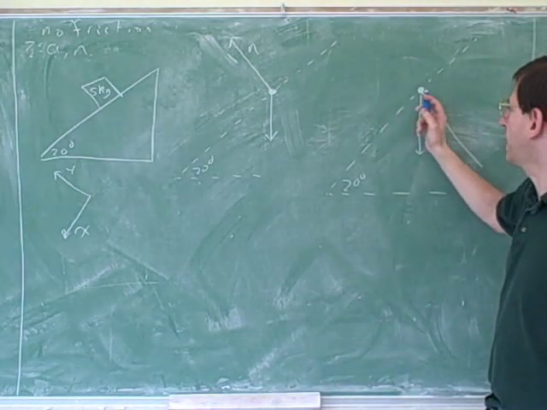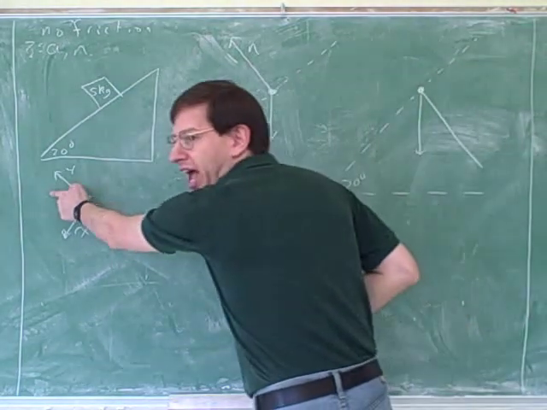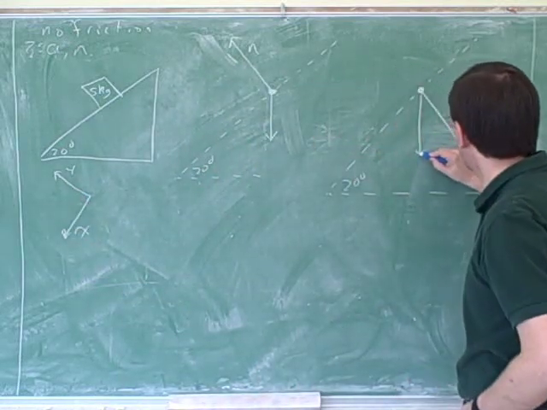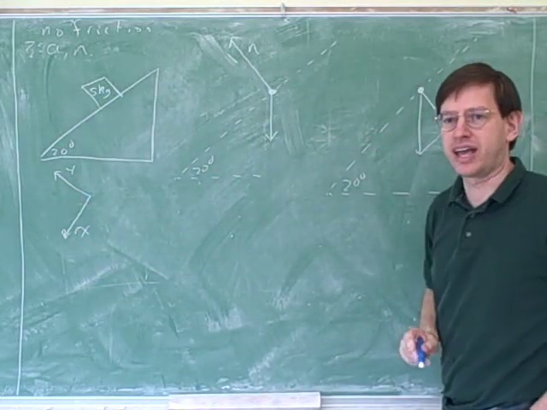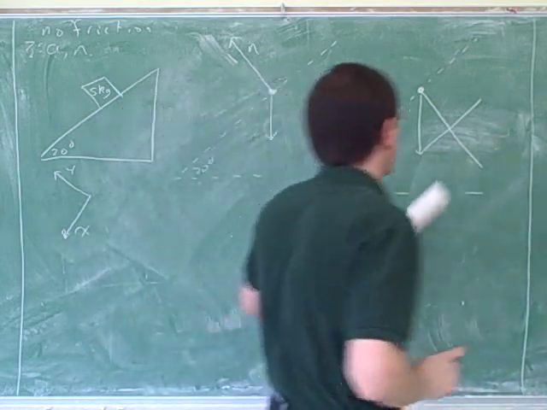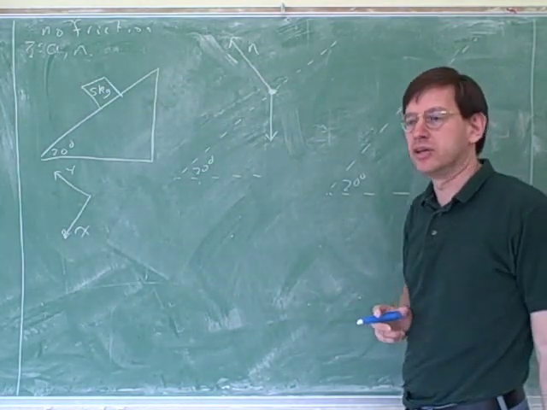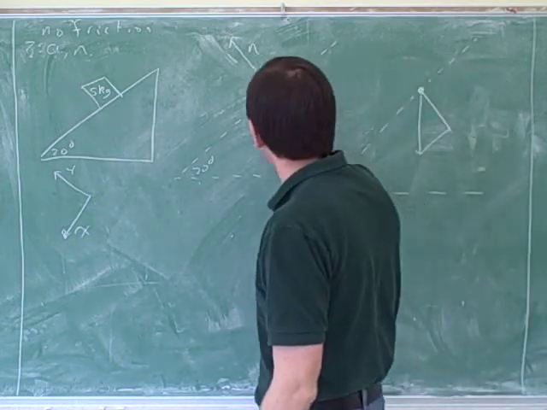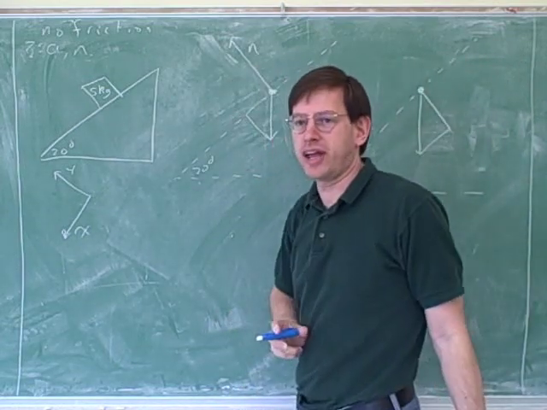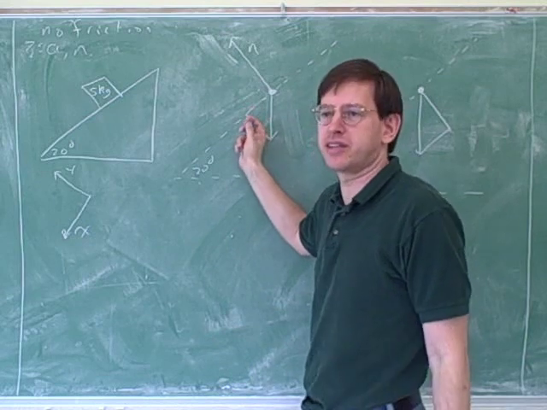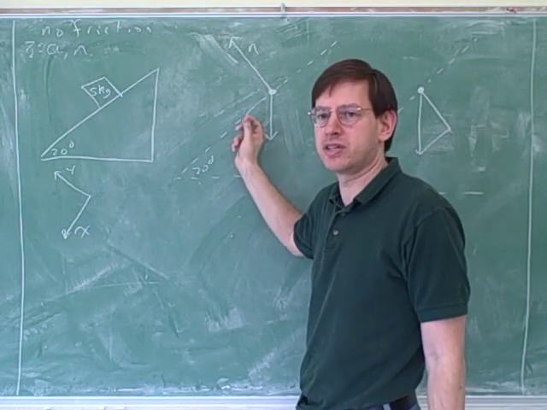So we can draw this leg that is parallel to the y-axis, and then we can draw this leg that's parallel to the x-axis. And we can get rid of the excess here. So that's one good way to draw this triangle. Another perfectly good way would be to draw this triangle. You can draw the triangle on either side. This also has legs that are parallel to the axes. So either of those is fine.